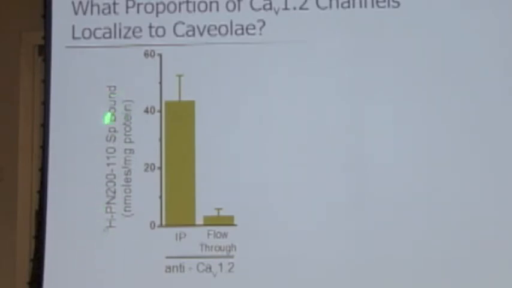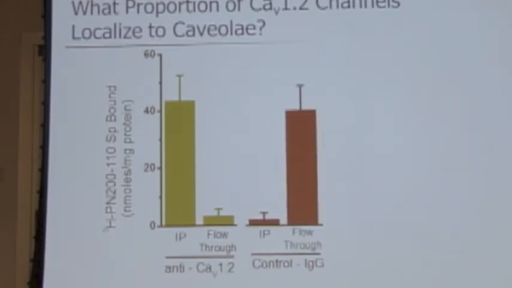It's also amlodipine for the clinicians in the audience. And when we immunoprecipitate, we see that we can pull down most of the tritiated PN200-110 binding with this antibody to CAV 1.2, a little bit in the flow through. So the antibody can recognize the protein that binds this radioligand, which we think is the L-type calcium channel. And if we do the same experiment with the control IgG, we find that we don't bring down much of the tritiated PN200-110, and most of it stays in the flow through.